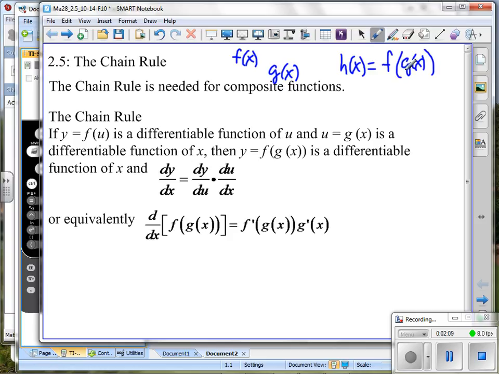So now g of x is not the output of function g, it's now, how would you describe that? As we see it here, g of x is the input. Well, it would be the input of function f as we see it here. Let's go back and look at that, because without this, we're really going to be lost.